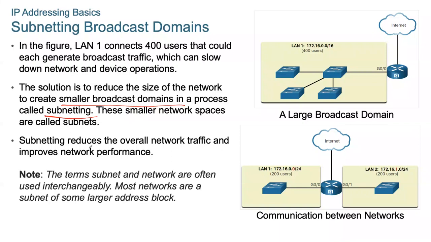So subnetting creates smaller network spaces, which we call subnets, from that private network. Subnetting reduces the overall network traffic and it improves the network performance. So instead of having all 400 users, it is divided into 2 different networks, LAN 1 and LAN 2, with only 200 users in every network.